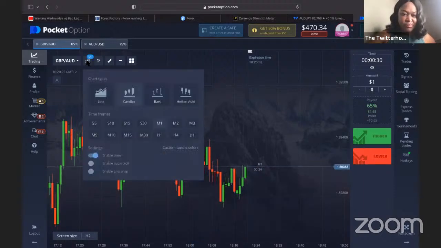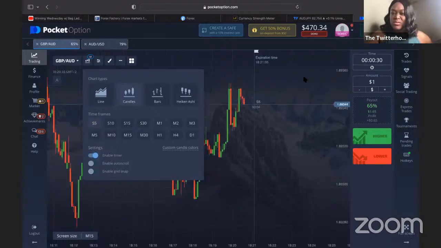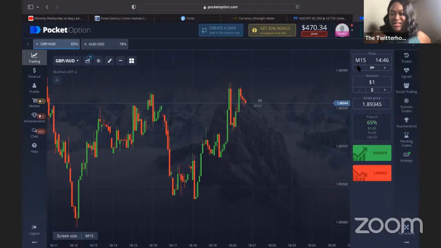So let's see here. Okay, so in Pocket Option, I always just have it on 5 minutes. I do 5-minute trades for Pocket Option.